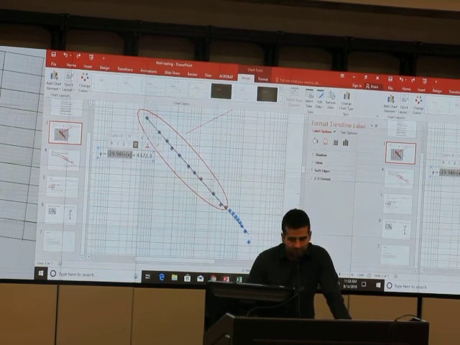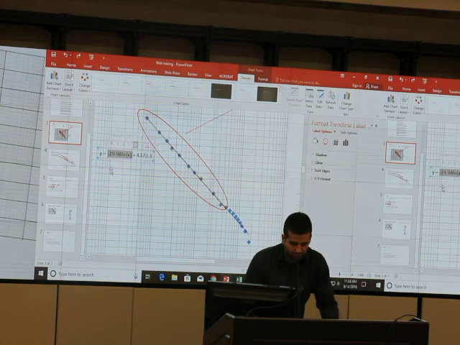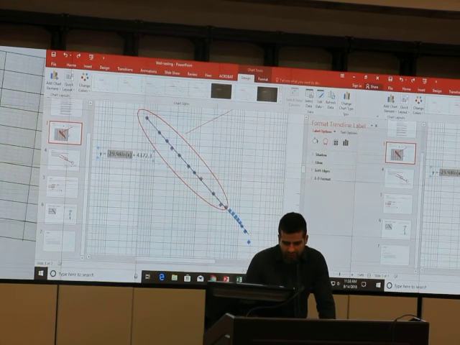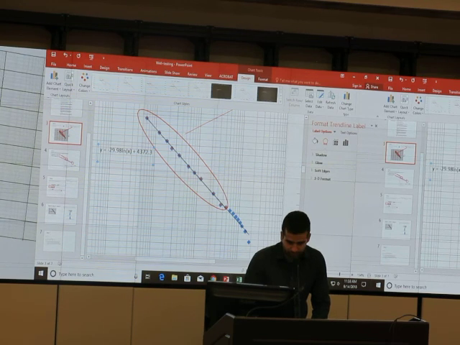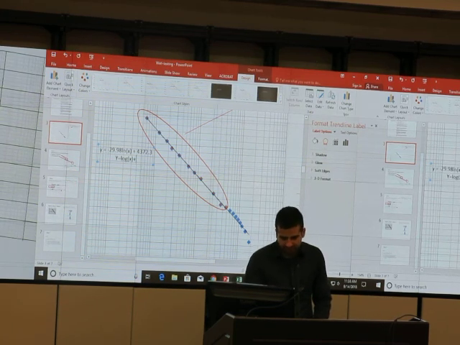In order to convert this to log, let's say you want to write it as y equals log x plus something.